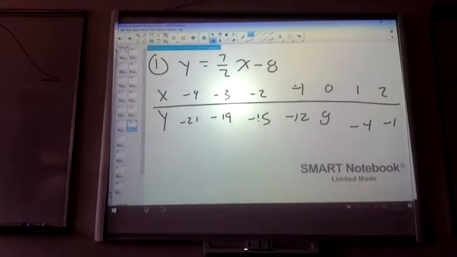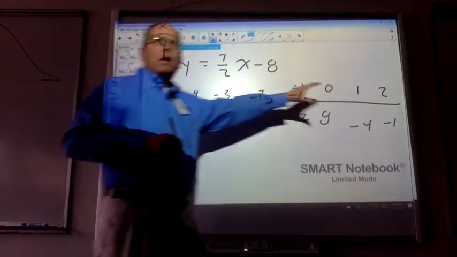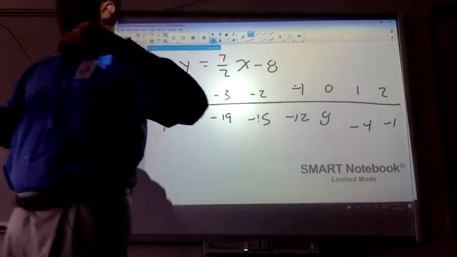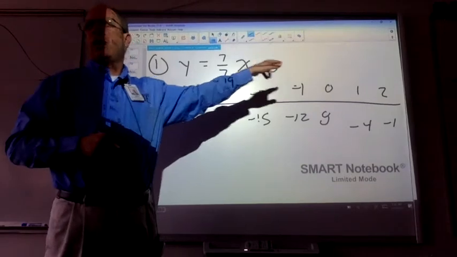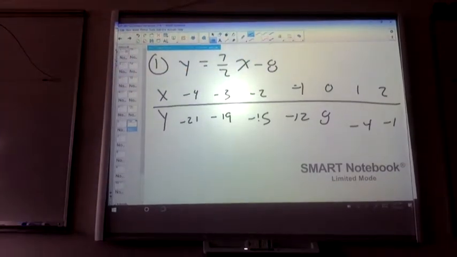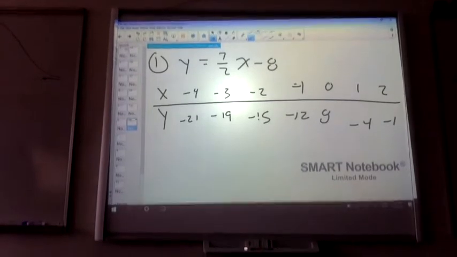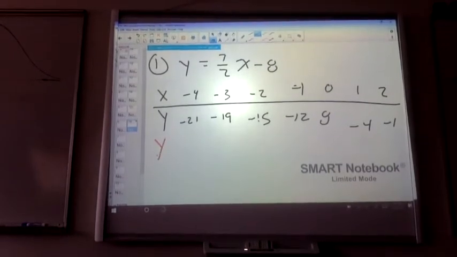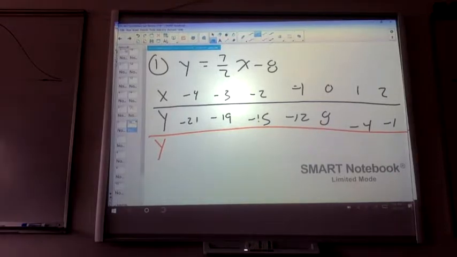So the residual value. This was the data that they put into the calculator. They found a line of best fit. This is the line of best fit that they came up with. So now we want to see the residual value. So we're going to have a new y value. Okay? I think some of this we could probably do in our head.